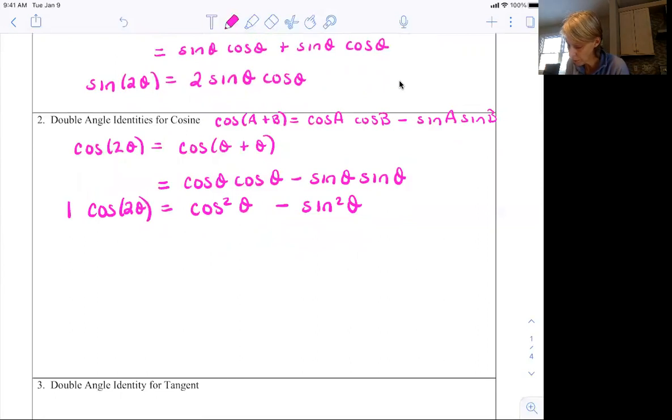Okay, so this is one version, but we could also rewrite this by replacing cosine squared theta with 1 minus sine squared theta.